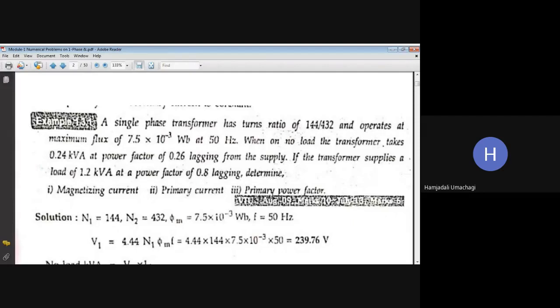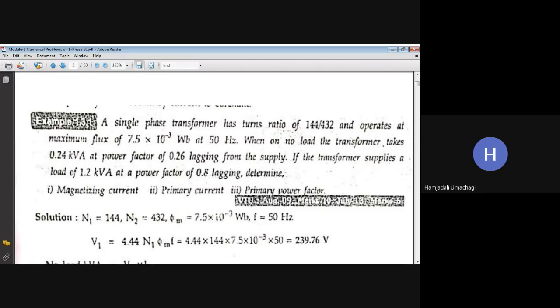So here you are given a single phase transformer whose turns ratio is 144/432 and operates at a maximum flux of 7.5 milliwebers, frequency 50 hertz. Then the transformer takes 0.24 kVA at a power factor of 0.26 lagging, and the transformer supplies a load of 1.2 kVA at power factor 0.8 lagging.